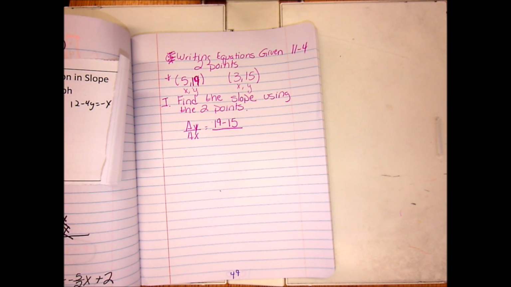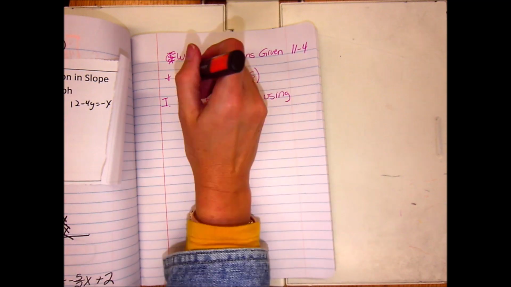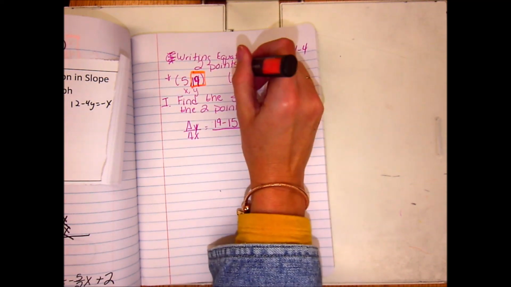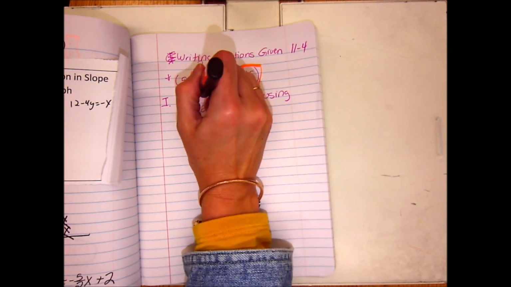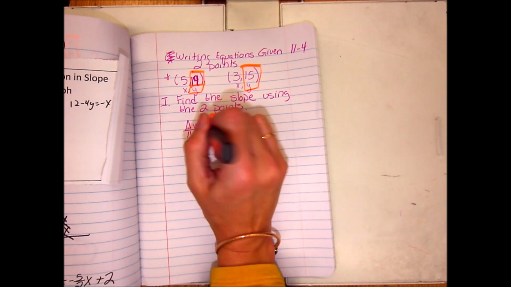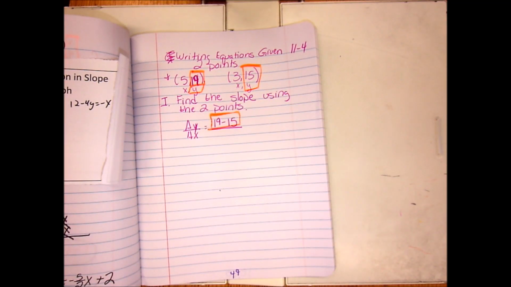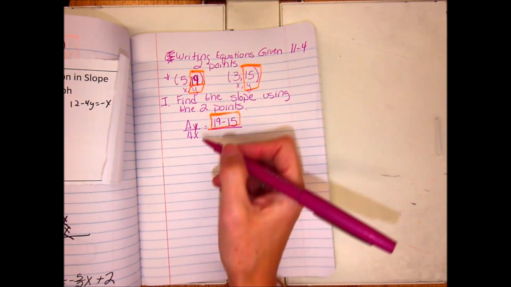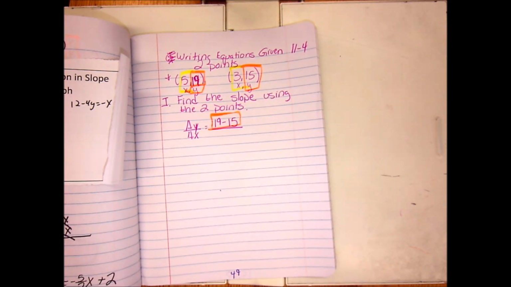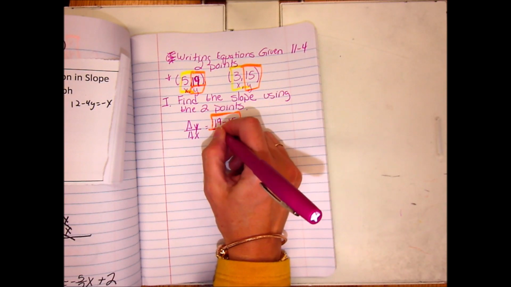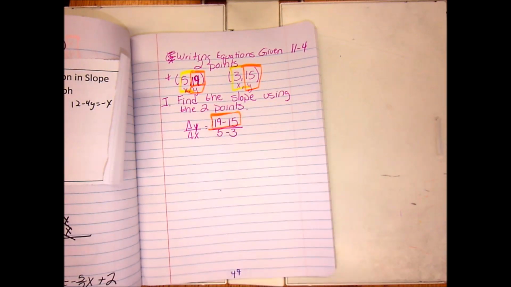Again, just as a little refresher, these were my 2 y values. So I'm going to subtract the 2 y values, put that in the numerator. So if I look here, I'm going to have 5 minus 3 for the x values.